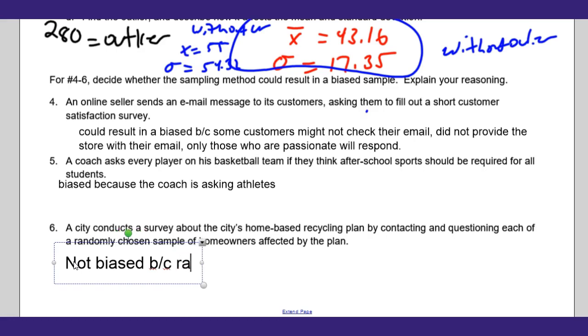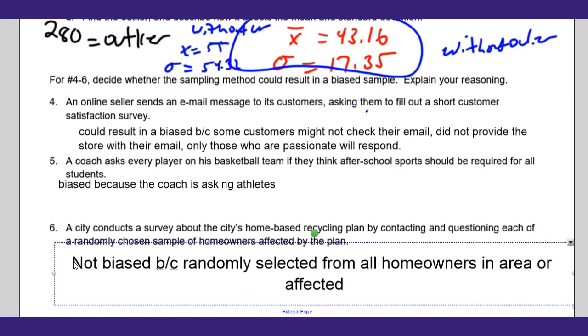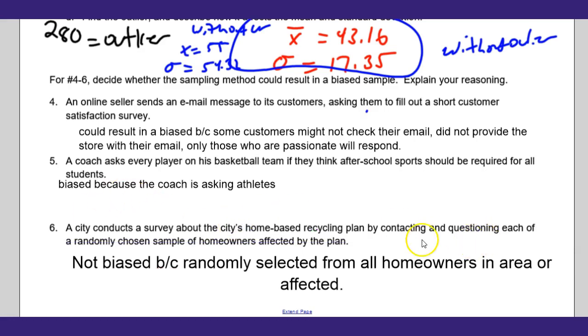Randomly selected from all homeowners in the area or affected. So this was not biased, guys, because the key thing is it says they contacted and questioned each of a randomly selected sample of homeowners affected by the plan.